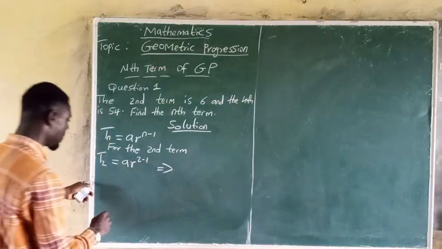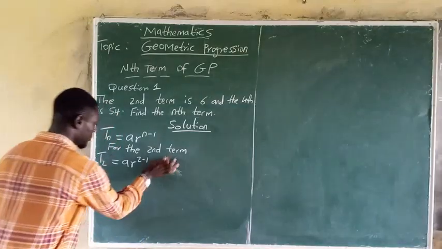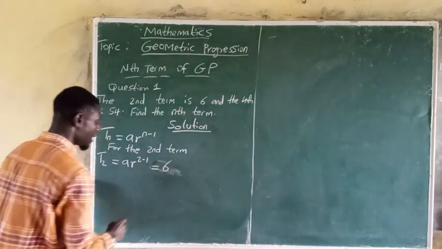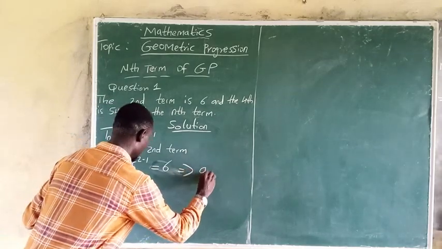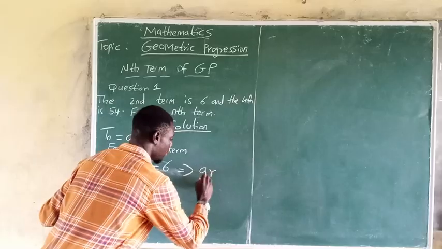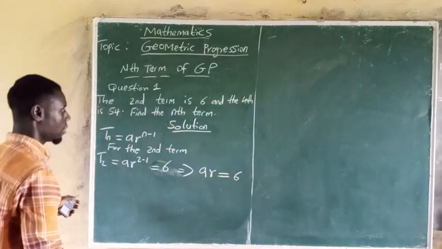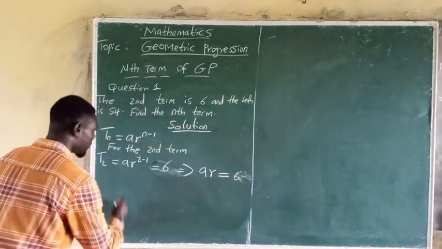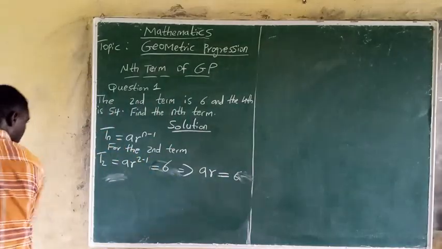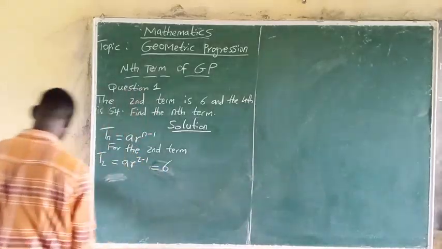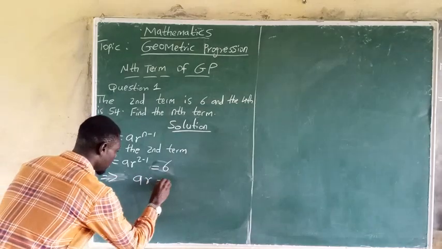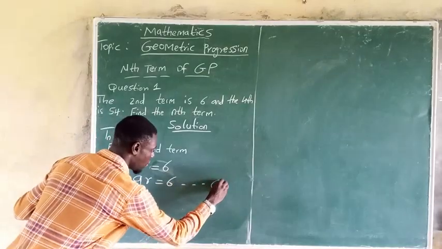From the question, the second term is equal to 6, which implies that A R, because when you take away 1 from the 2, it becomes just power 1, A R is equal to 6. This is equation 1.